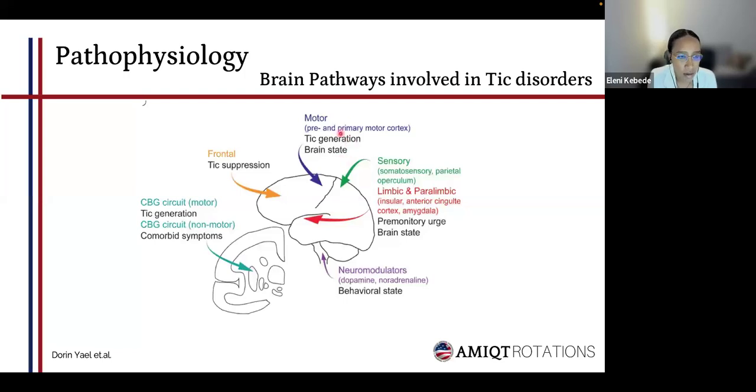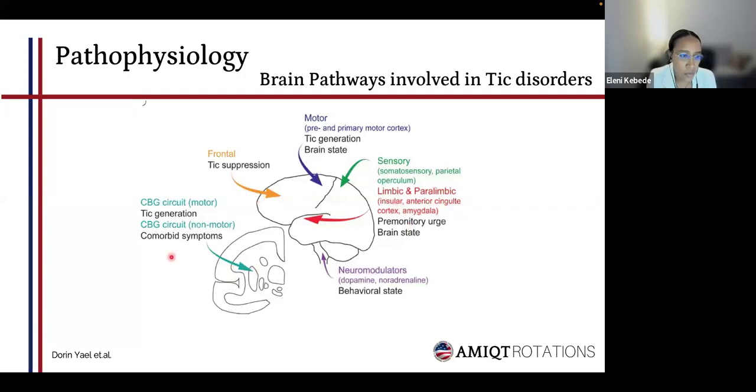And this generation is also taken to the basal ganglia, and the corticobasal ganglia circuits are involved. We also have to see the premonitory urges, which are sometimes considered one of the mechanisms of tic production. The urges are controlled with sensory, limbic and paralimbic parts of the brain. Specifically, the insula is very much associated with this urge.